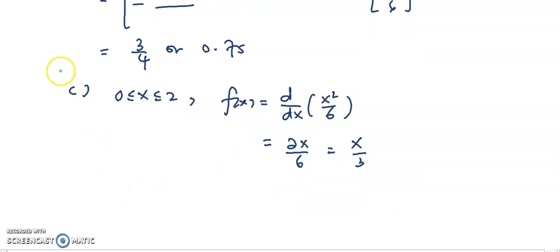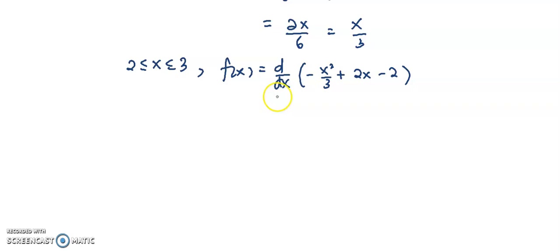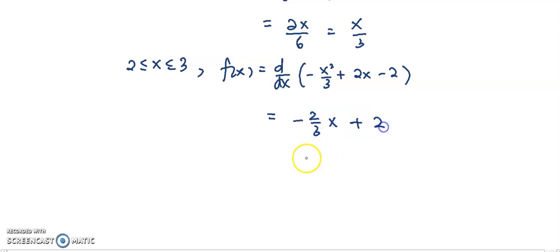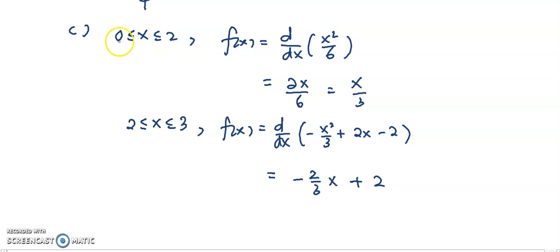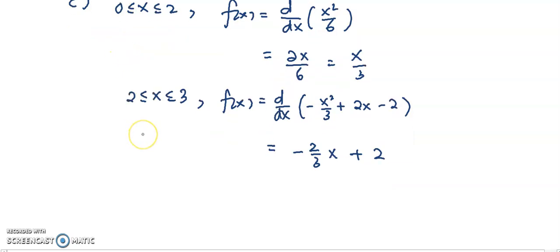For the next interval, 2 to 3, we differentiate this function, so we get negative 2 over 3 x plus 2. Then for any interval other than 0 to 2 and 2 to 3, f(x) equals 0.